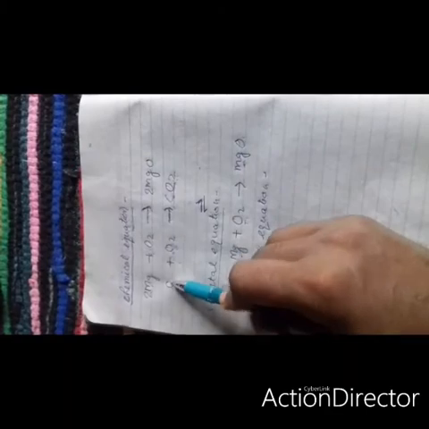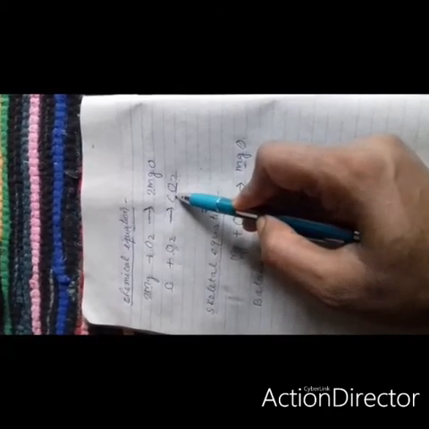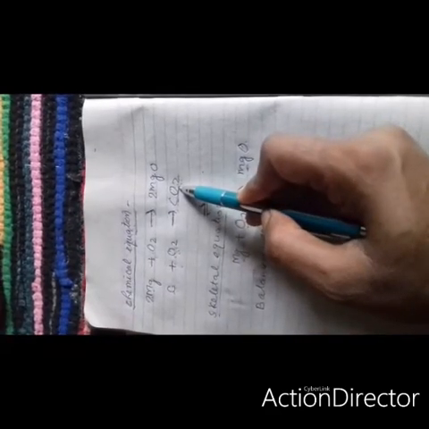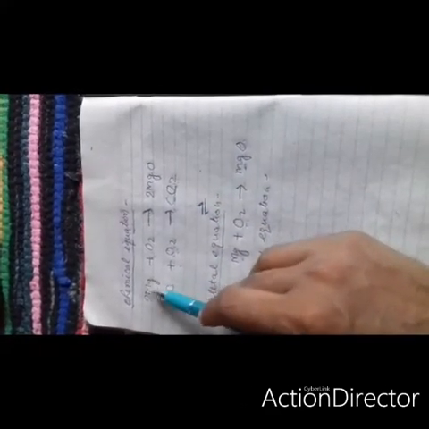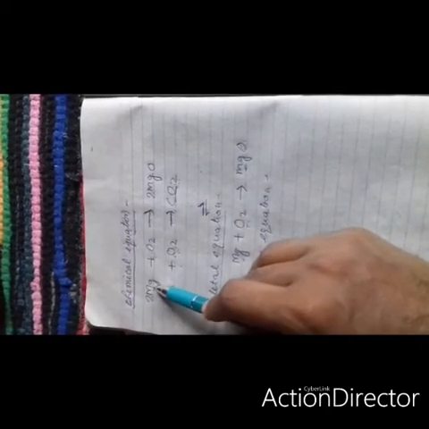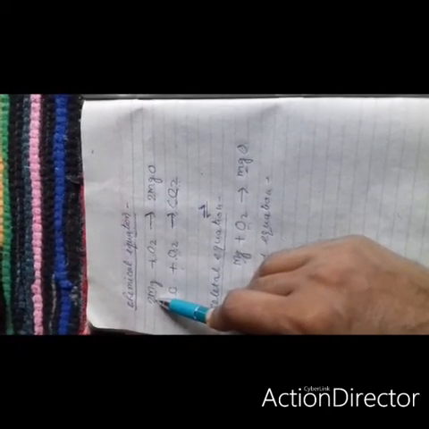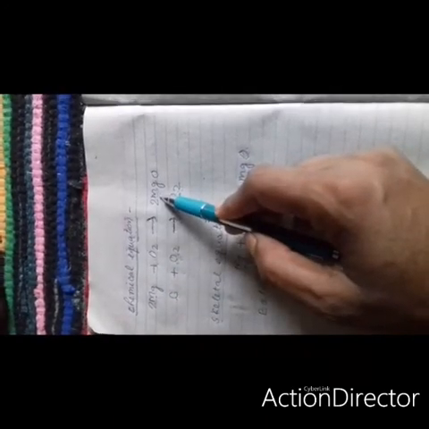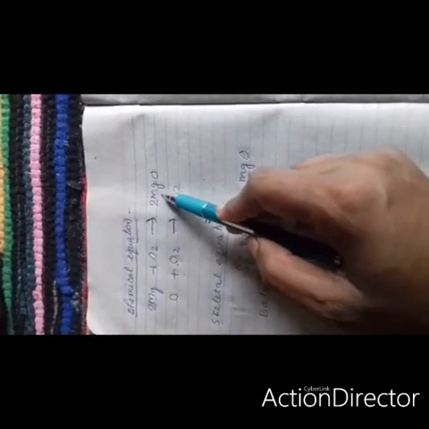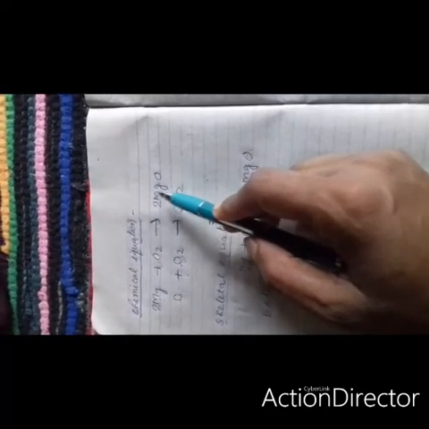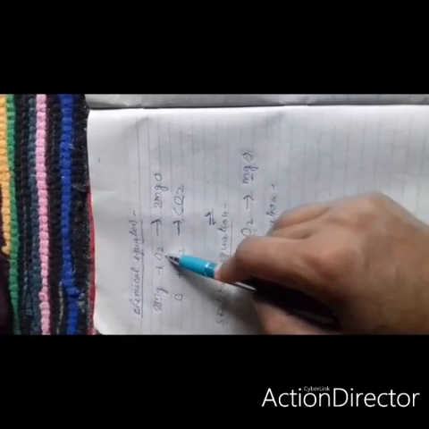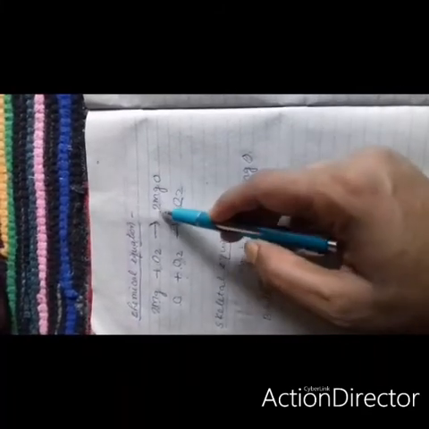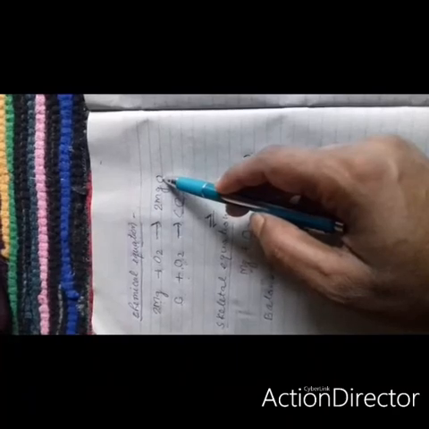Here is one carbon, right side also 1, left side 2 atoms of oxygen, right side also 2. And in this reaction here are 2 atoms of magnesium, right side also 2, and 2 molecules of oxygen on the left side and 2 on the right side also.